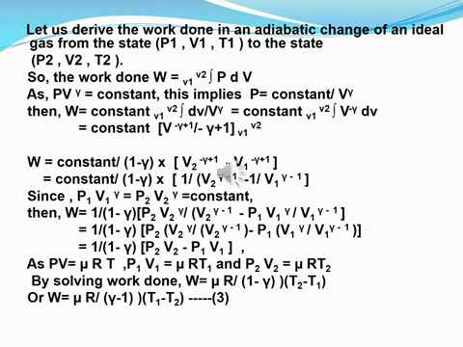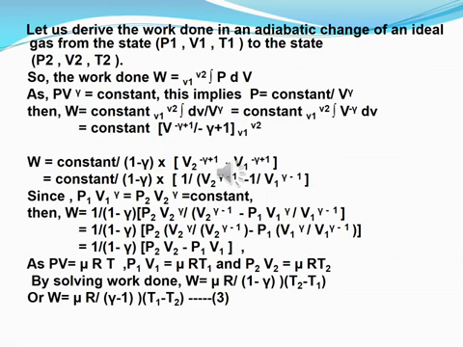So, W is equal to constant by 1 minus gamma into V2 raised to minus gamma plus 1 minus V1 raised to minus gamma plus 1, which is equal to constant by 1 minus gamma into 1 by V2 raised to gamma minus 1 minus 1 by V1 raised to gamma minus 1, since P1 V1 raised to gamma is equal to P2 V2 raised to gamma, which is constant.